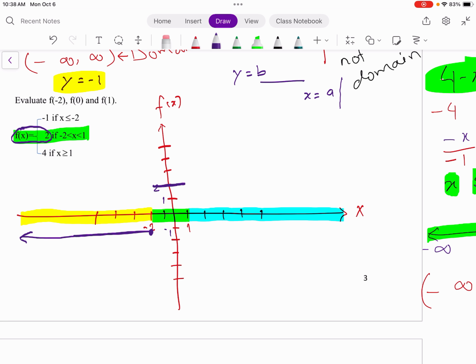It means -2 and +1 are excluded, and we represent that by an open circle at -2 and an open circle at +1. So this graph is in between -2 and +1, not at -2, not at +1.